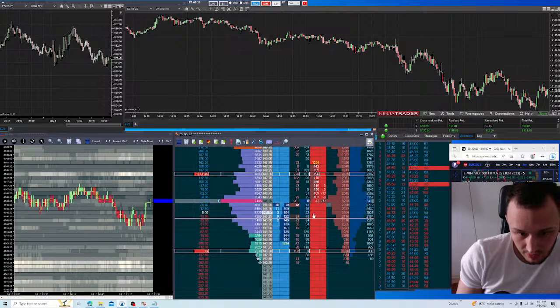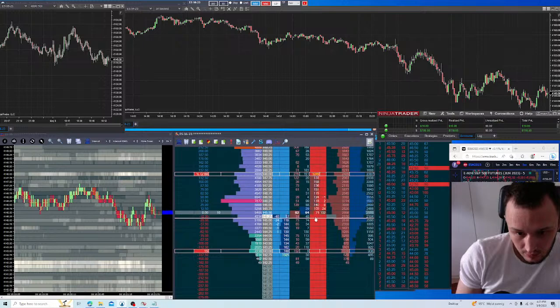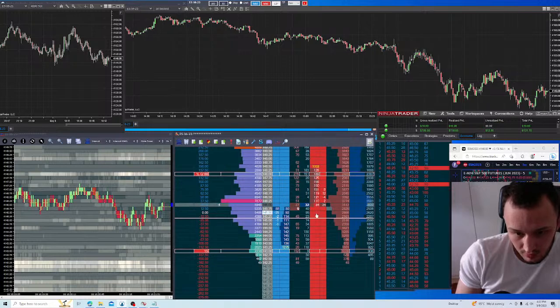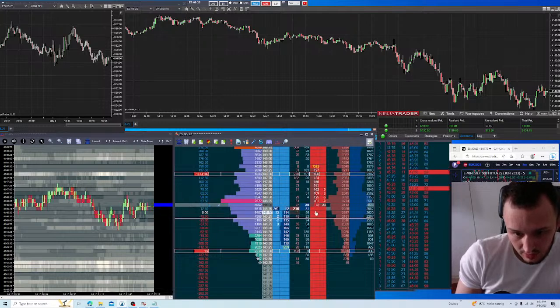Now I do like this trade a lot. I do like this trade a lot. We found a strong bid here as well.